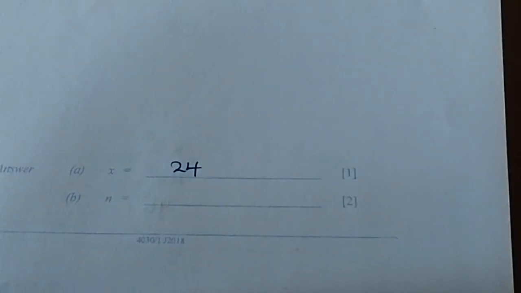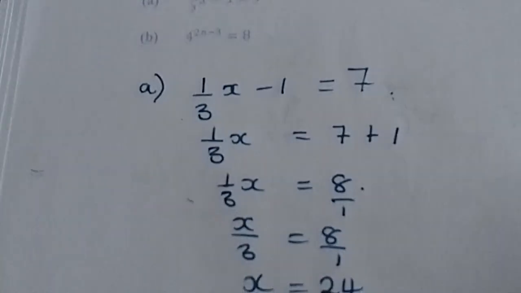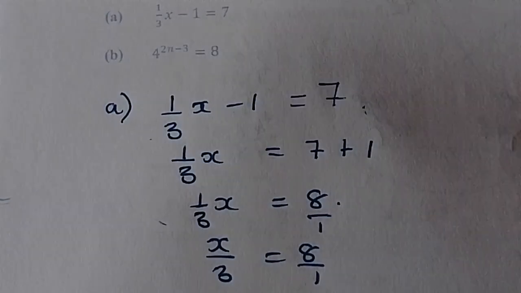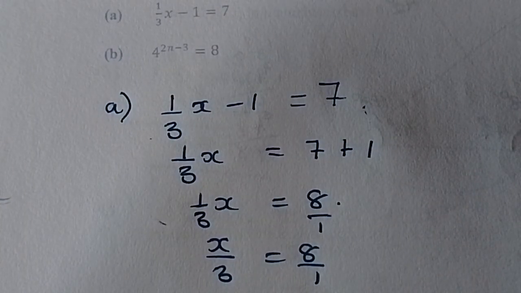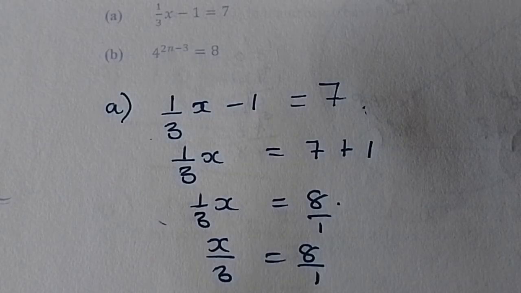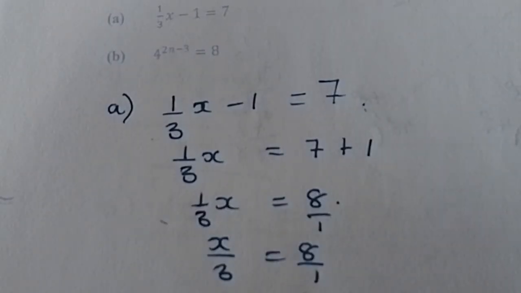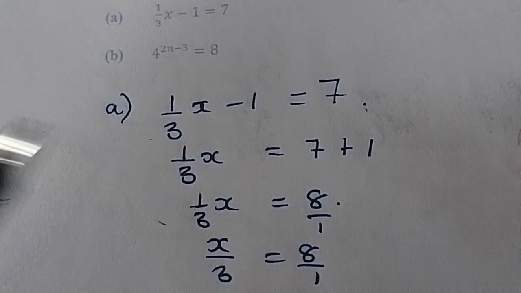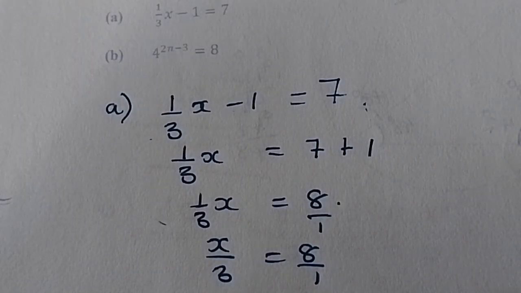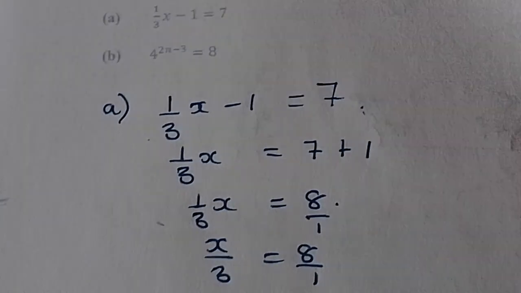That's our x. Then part b. Our b is 4 to the power 2n minus 3 is equal to 8. If we look carefully there, this 4 and this 8 can be expressed as 2 to the power something.